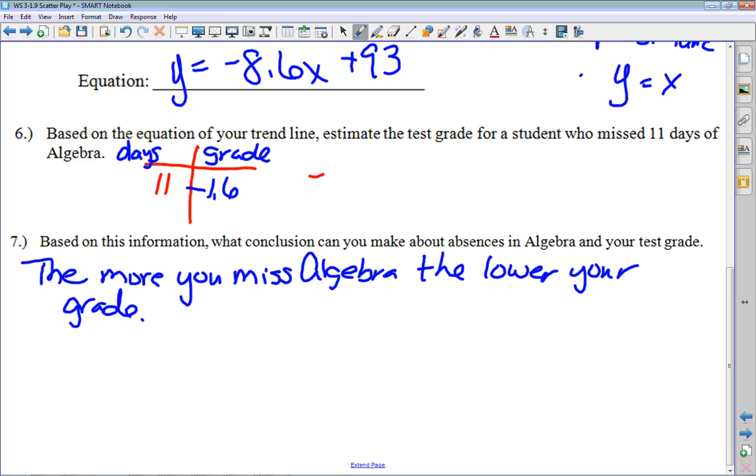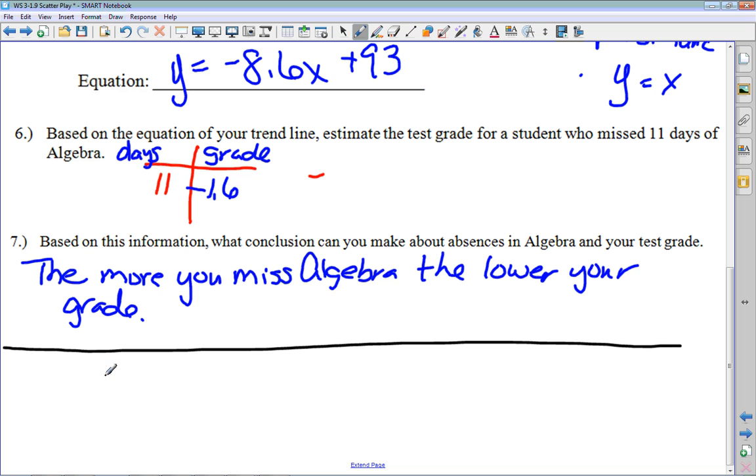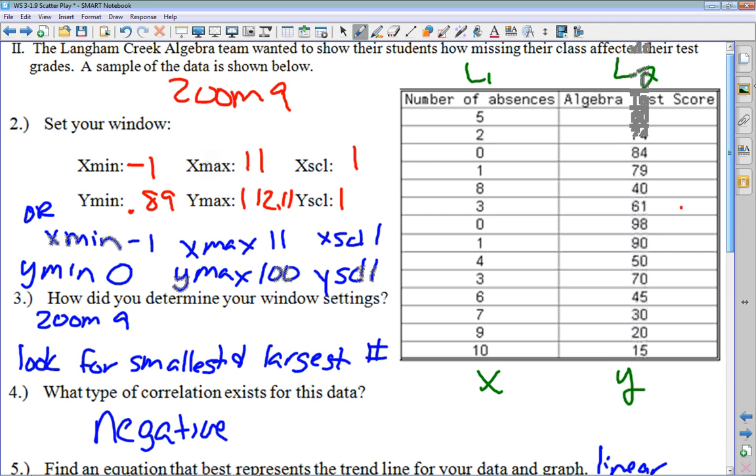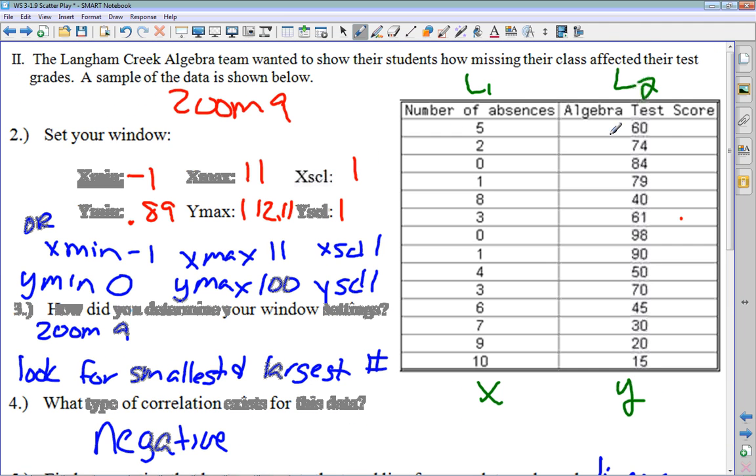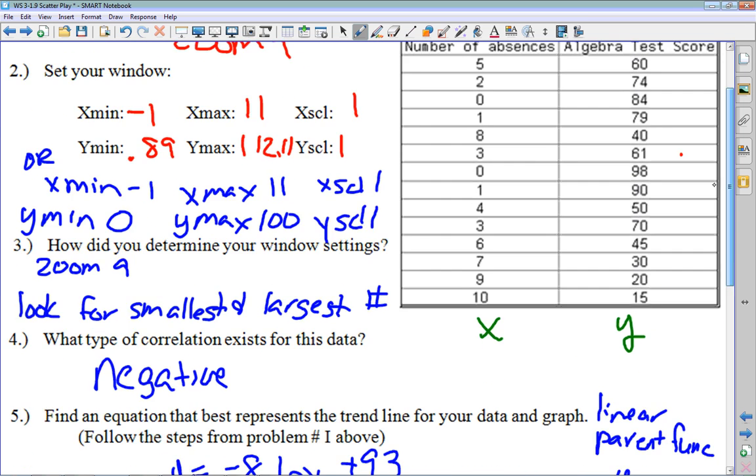Now, let's add another one in there. What does the slope of the line mean? Well, think about it. Remember, I told you to start off with y per x. What is the x and y? X is the number of absences. Y is the test score.